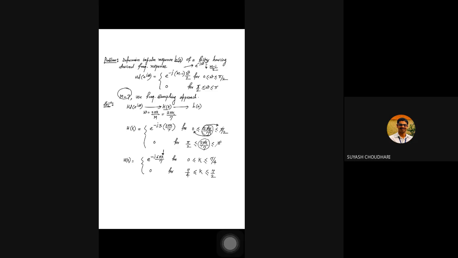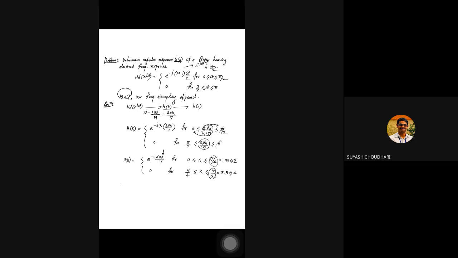You convert this fraction into a number. What is the value of 7 by 4? 1.75. You approximately consider it as 2, rounding to the larger number. And what about 7 by 2? 3.5. You consider it as 4.